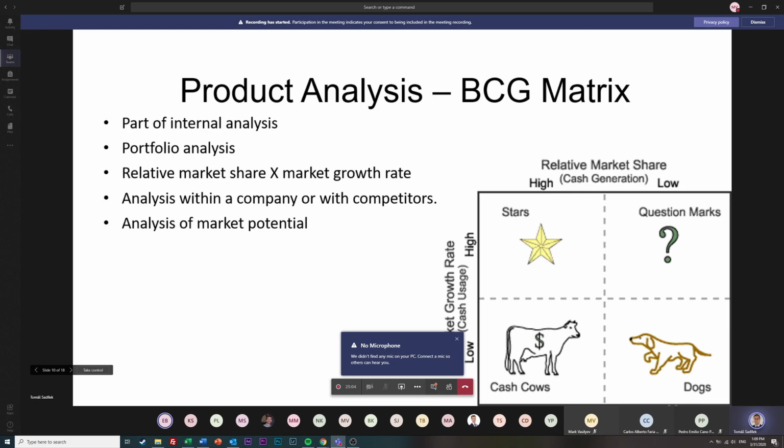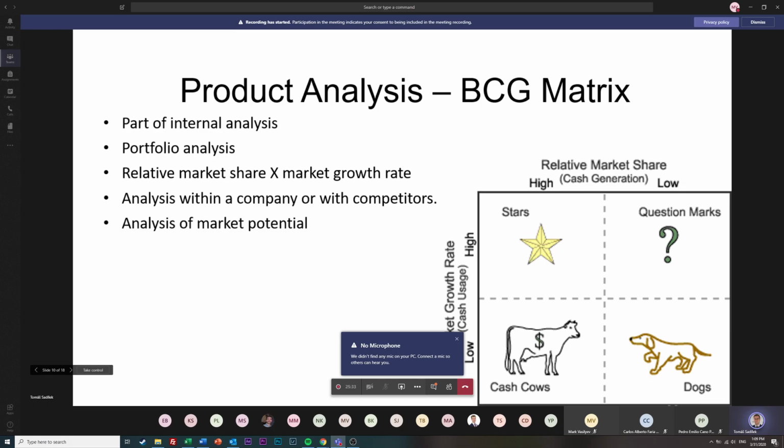There is one more important thing: we would like to change the position of the products in a matrix. How exactly? If we have a question mark, we typically would like to move it to a star. The product has a growing market growth rate, but the relative market share is small, so we would like to switch it to the stars.